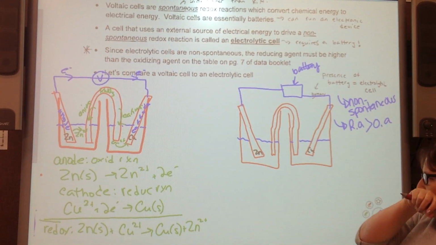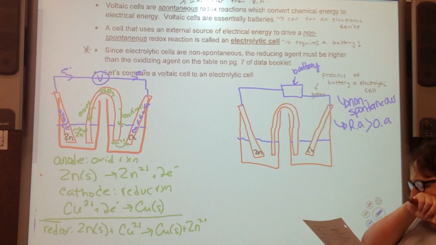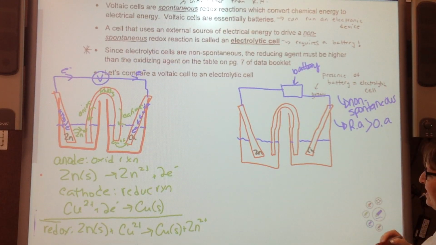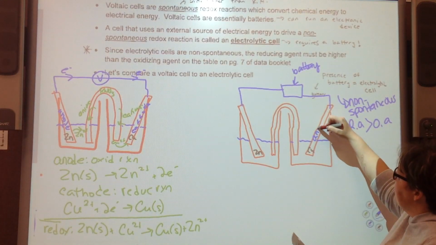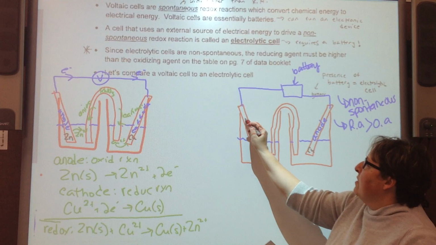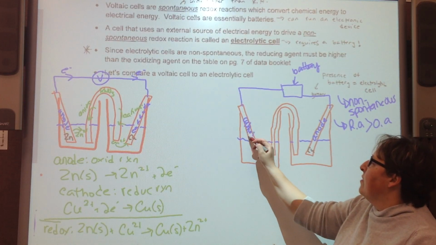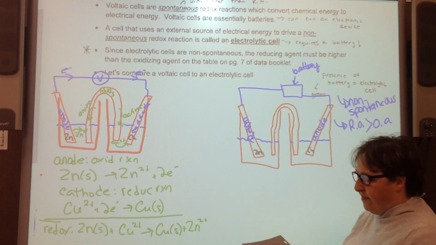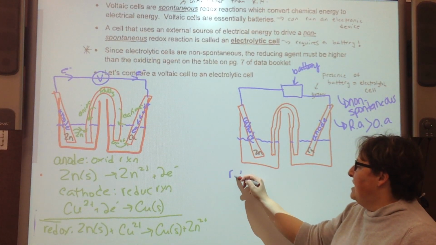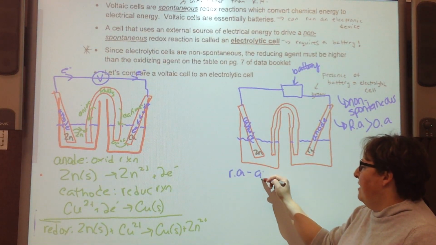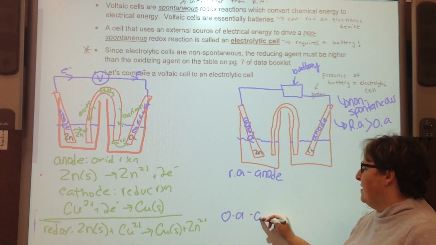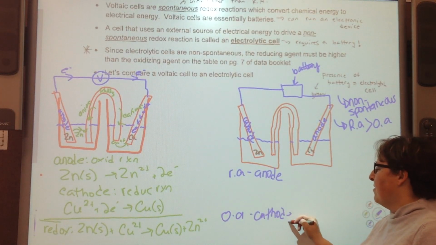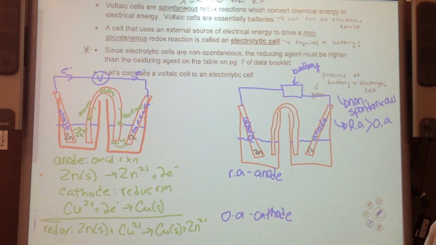So when we look at that, then that means that we're going to call this the anode and this the cathode. So the reducing agent is on the anode side, and the oxidizing agent is on the cathode side. Okay?